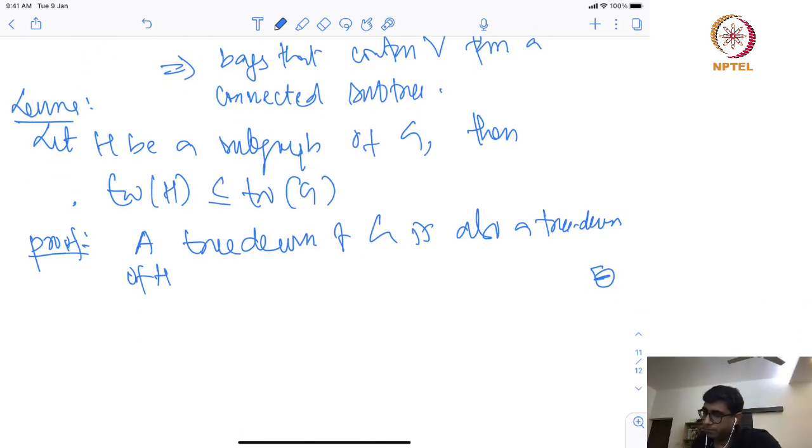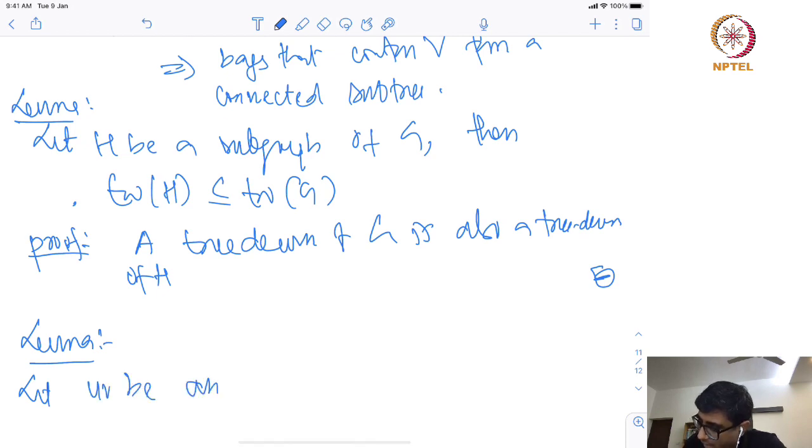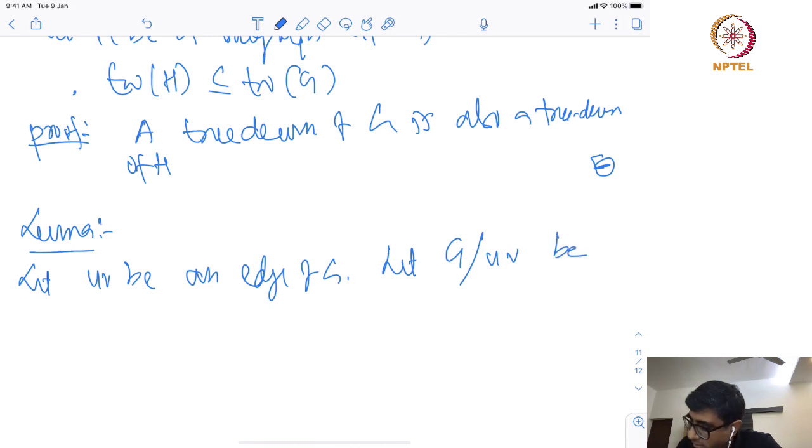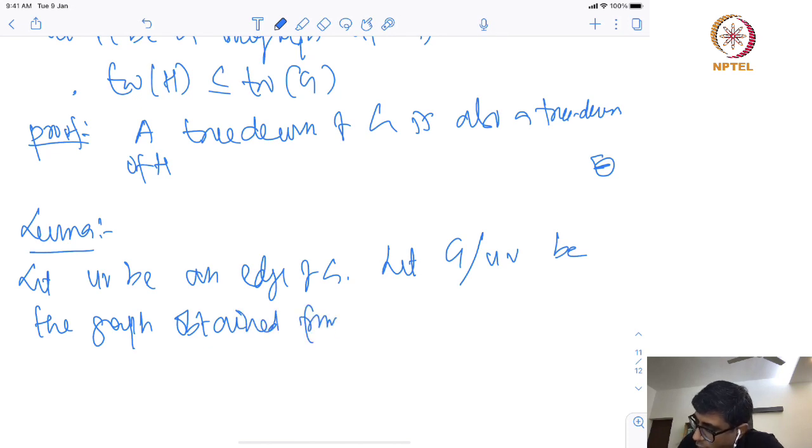Okay, so now what about another lemma? Let us try to prove. Let uv be an edge of G, and let G contracted uv be the graph obtained from G by contracting uv.